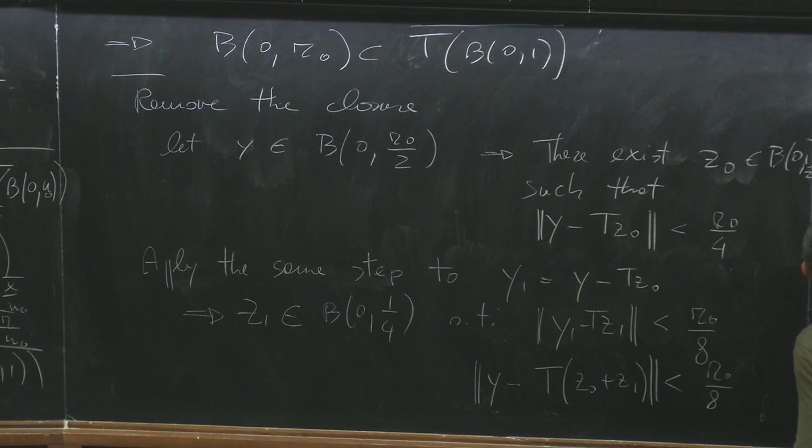At step n, there exists zn, which belongs to the ball B(0, 2 to the minus (n-1)), such that the norm of y minus T(z0 + z1 + ... + zn) is less than r0 divided by 2 to the n plus 2.